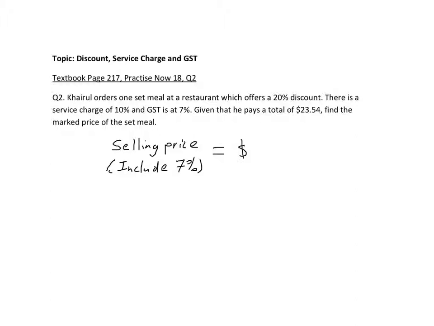We know that the selling price, or the total that this person has to pay, inclusive of GST, is $23.54. And we know that this $23.54 includes the service charge and also includes a discount of 20%. This kind of question is considered a reverse percentage question, which tests you on finding the mark price.